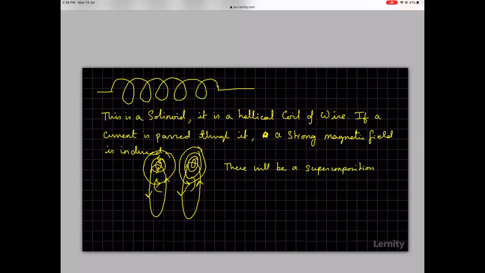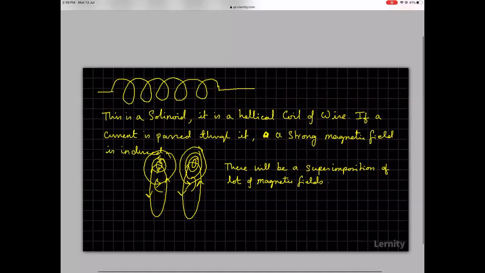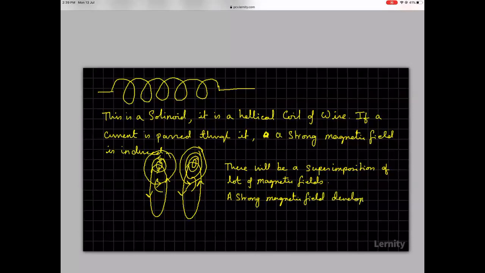Because of this superimposition, a strong magnetic field develops inside.